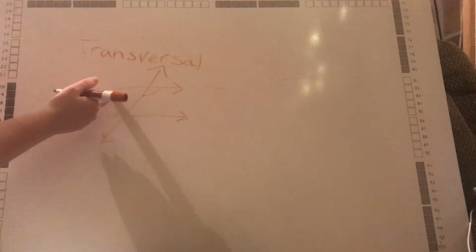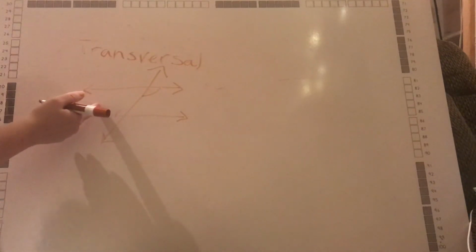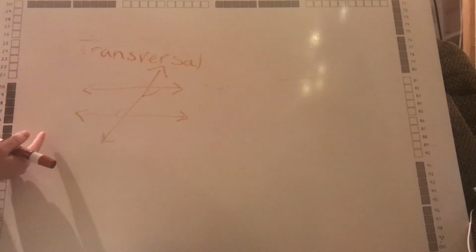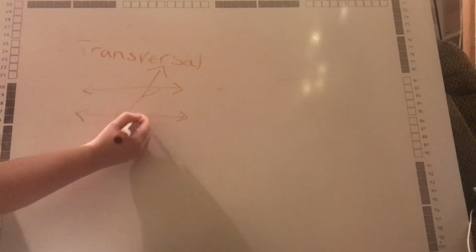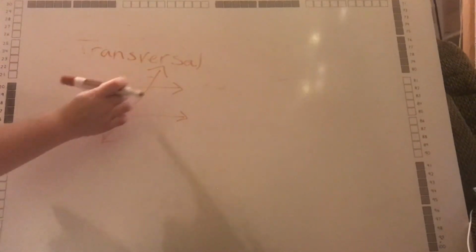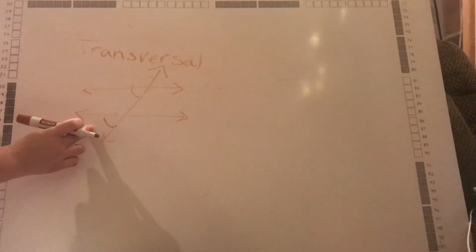Okay? Alternate interior. They're both inside, alternate. Now your alternate exterior angles are sort of the same thing. Exterior, alternate. Now your corresponding angles are going to be this and this. See? They're like the same. Corresponding.